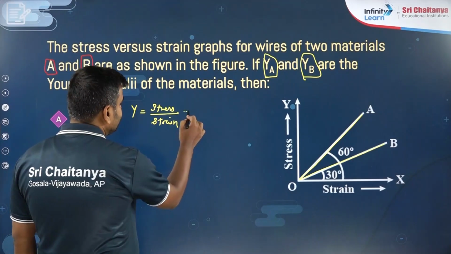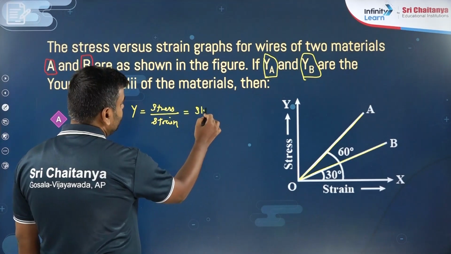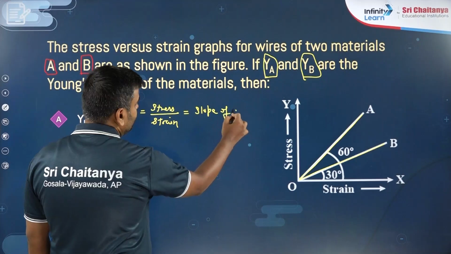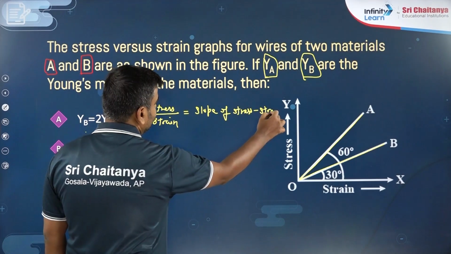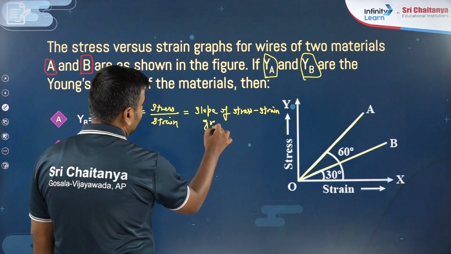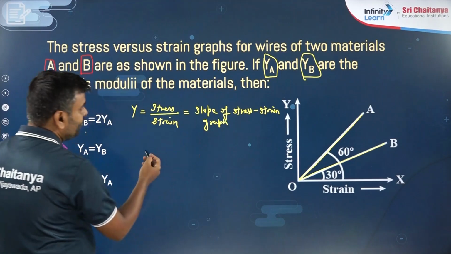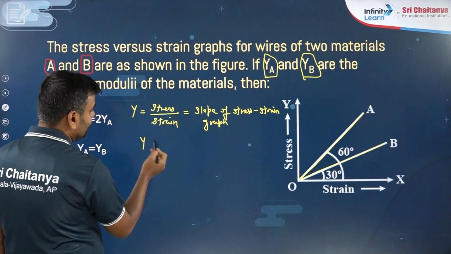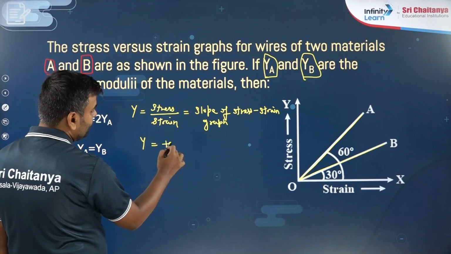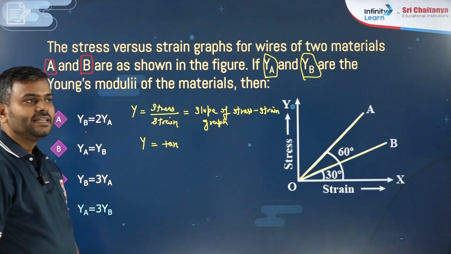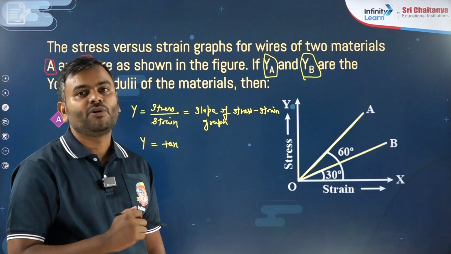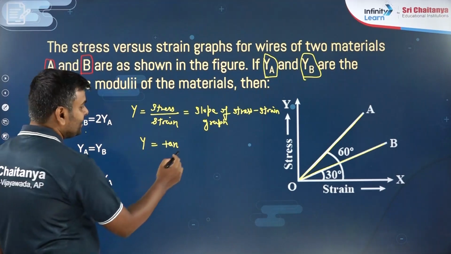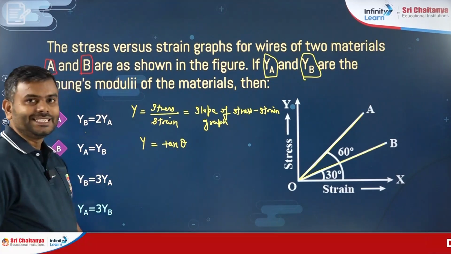So basically we can take Y equal to the slope of the stress-strain graph. We know that slope value is equal to tan theta, where theta is the angle that the curve is making with respect to the positive x-axis. So we can write Y is equal to tan theta.